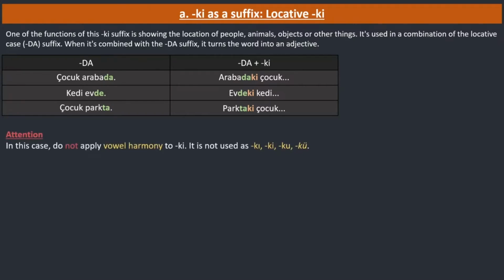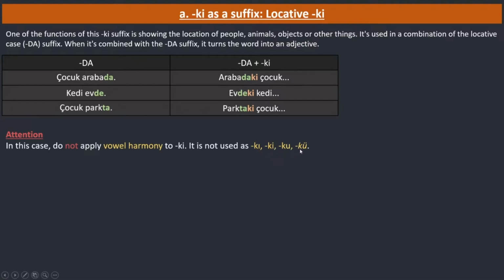Okay, so I want to have a quick reminder here. Some of you know how vowel harmony works, but be careful with it because it doesn't apply to ki. It doesn't turn into ki, ki, ku, ku, but there's a trick here. That's why it's in italics. It's always ki, or sometimes ku, but never ku or ku.